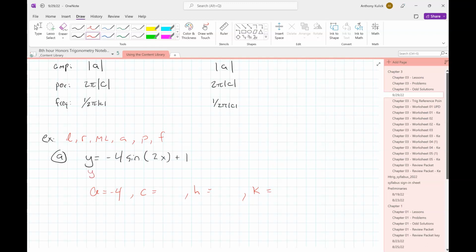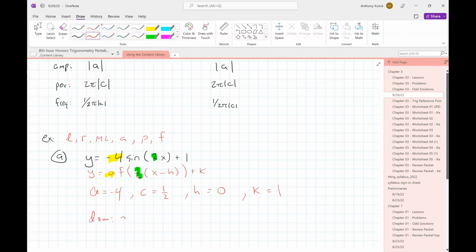Remember, we have to think about it in that general form. So here, my 2 is 1 over C. So regular C has to be 1/2. Everybody's cool with that? What's the H? 0, because there's nothing added or subtracted inside my function. And the K is 1.